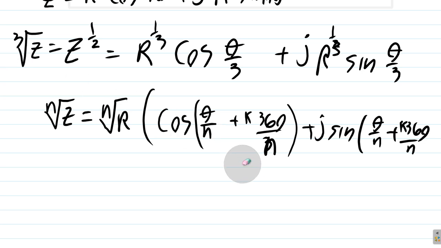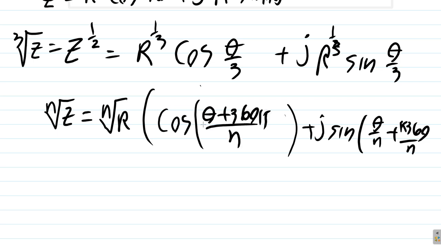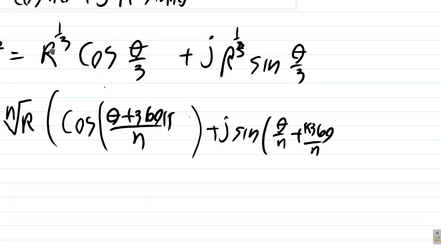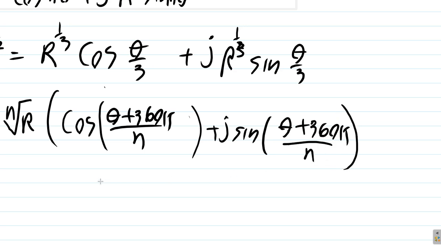Most times they would compact it and say theta plus 360k over n. I'm writing this formula because it's a common formula you will see. When you're working in radians, you would see 2 pi instead of 360.